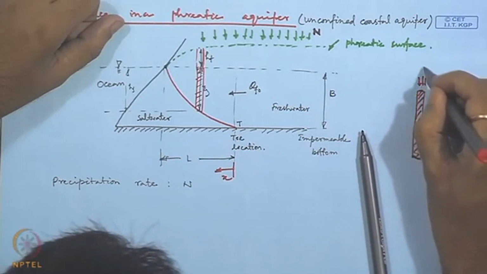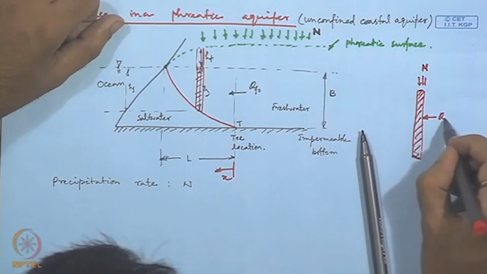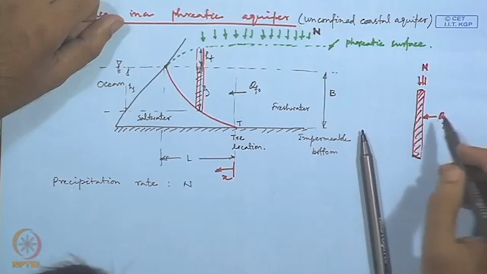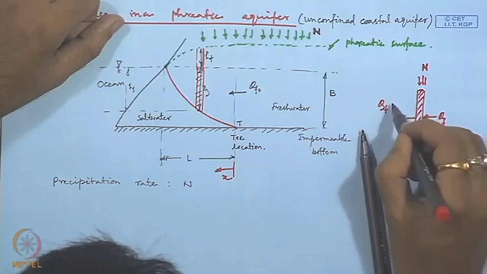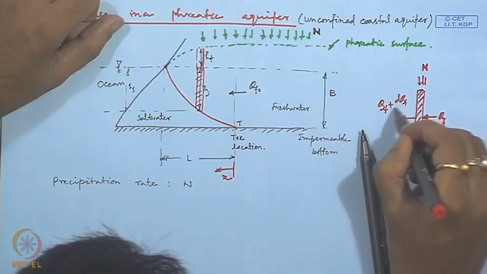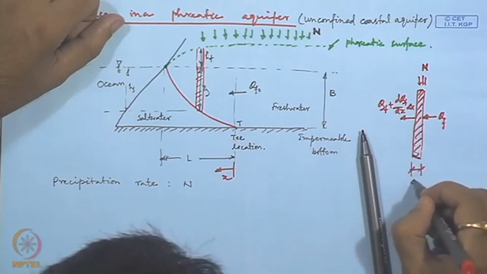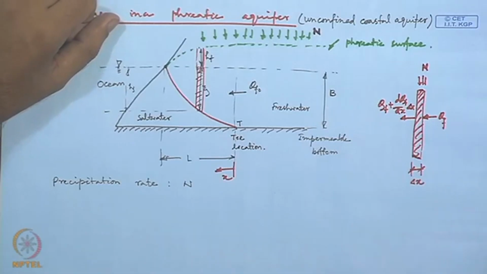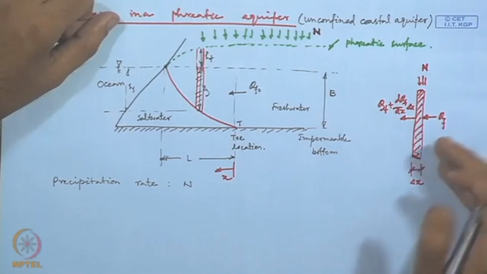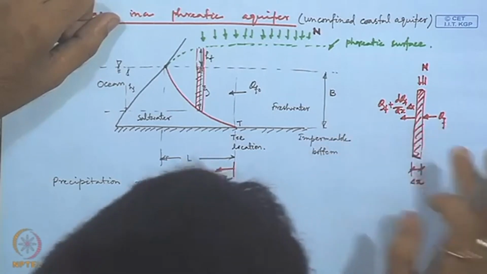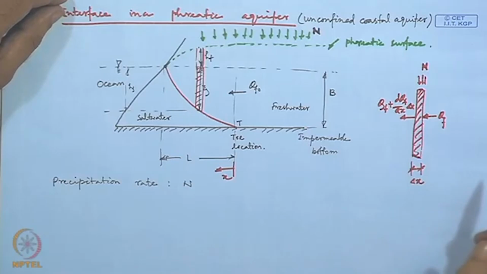this is N, which is recharge from the top, and Q F is a flow coming to this strip, and Q F plus dQf by dx into delta x, this is the distance, the flow which is coming from right boundary and going out from the left boundary.